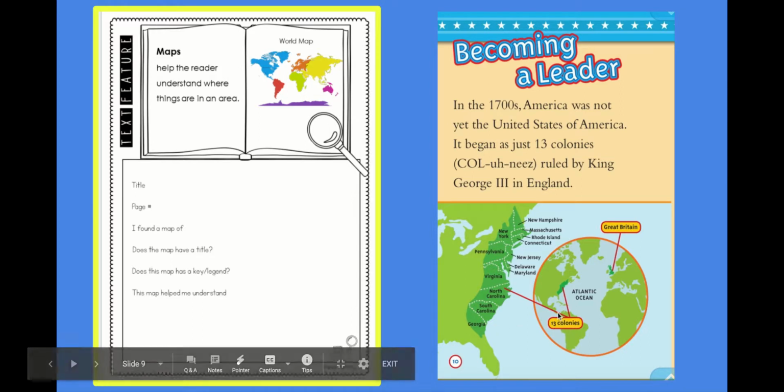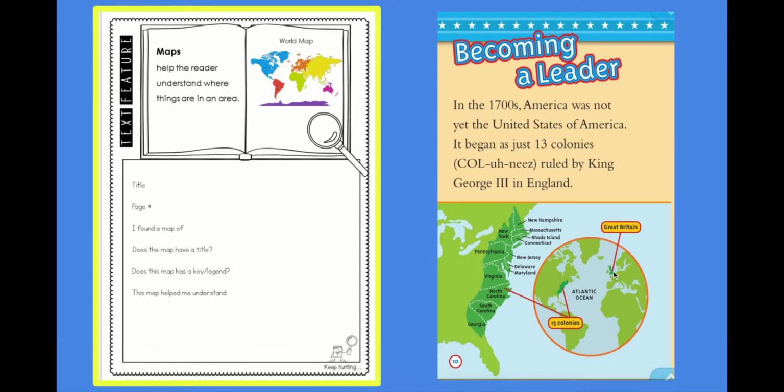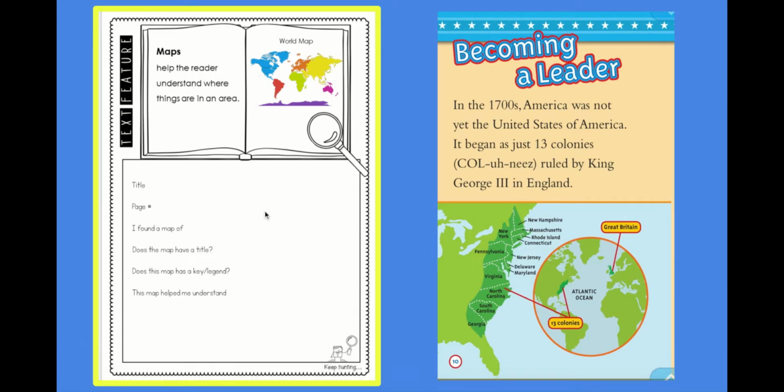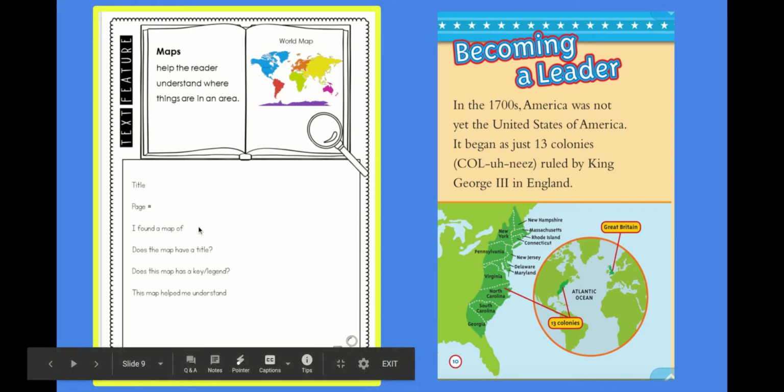And it kind of zooms out right here to show where those 13 colonies were in relation to Great Britain. So you can kind of see how far apart they were. They were across the ocean. So over here it says the title, which was my George Washington book, what page I found my map on, which was page 10. I found a map of the original 13 colonies.